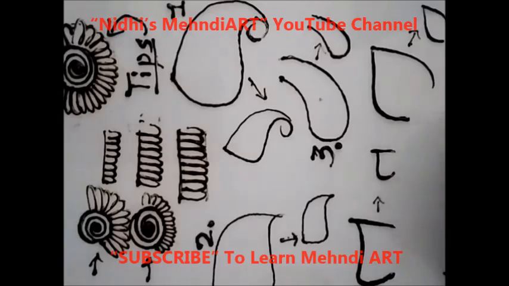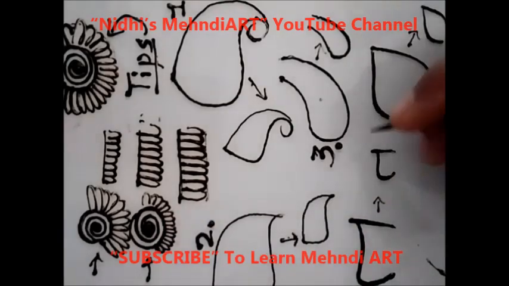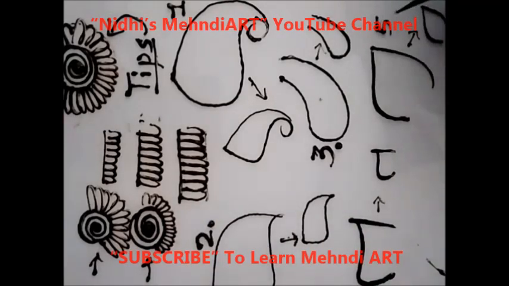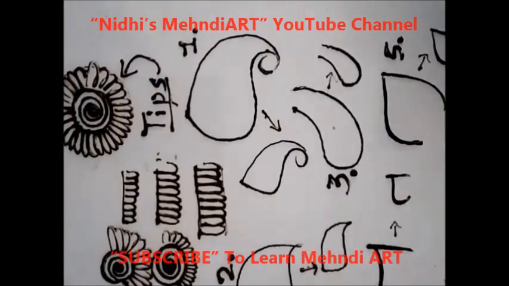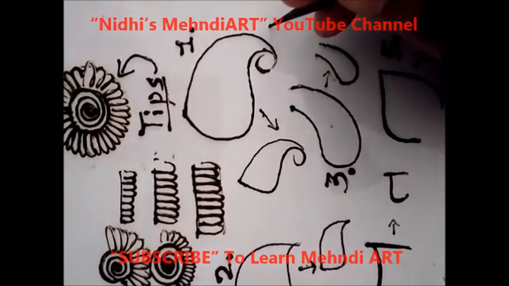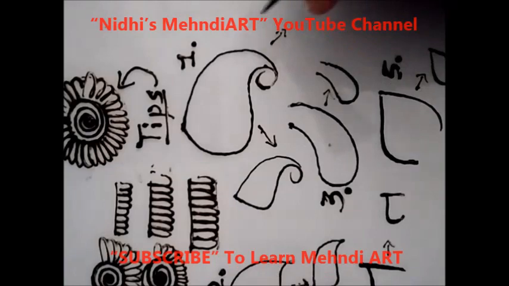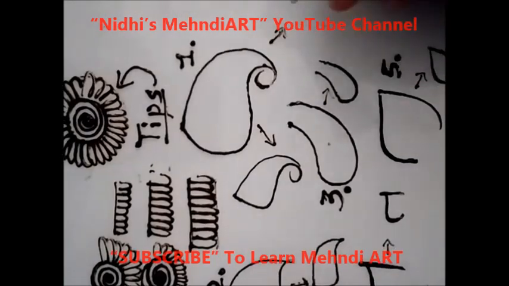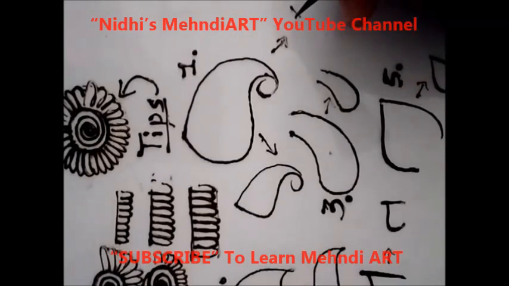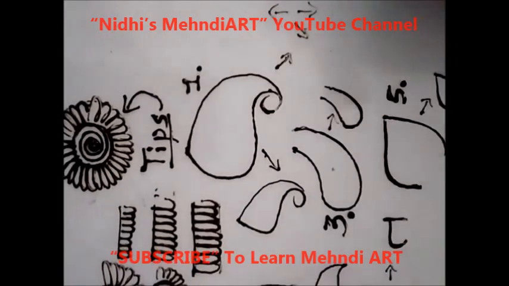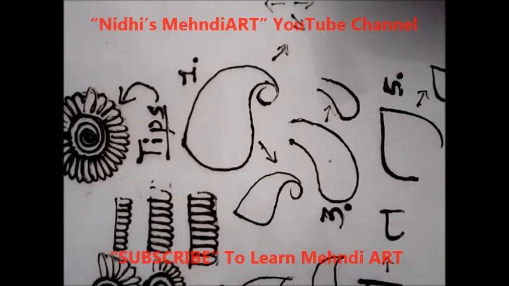Then, this one is the fifth shape. You should be able to draw the same shape in different directions. Now I have created this shape in this direction; the same shape you have to practice in a different direction, in this direction, then this direction, and this direction. So just repeat all the shapes in the practice session in different directions.